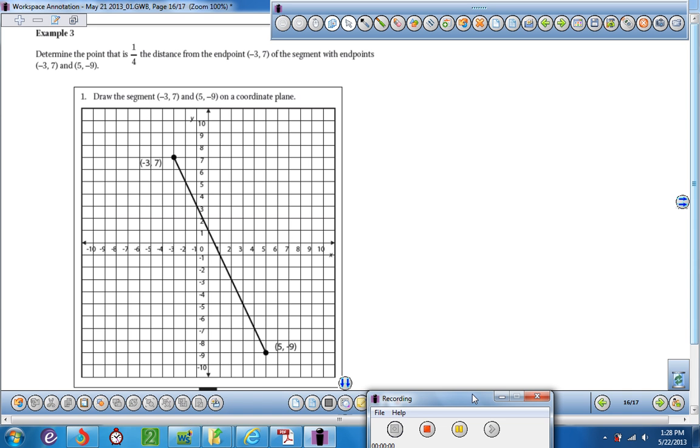All right, here in example 3, we're to determine the point that is the 1/4 distance from the endpoint -3, 7 of the line segment -3, 7, and 5, 9. So the first thing we want to do here is find the difference in the x values.